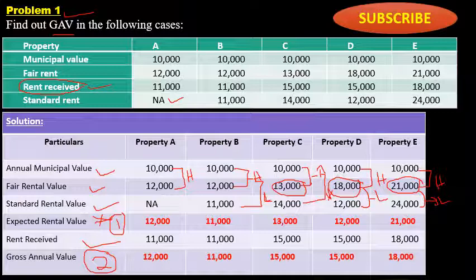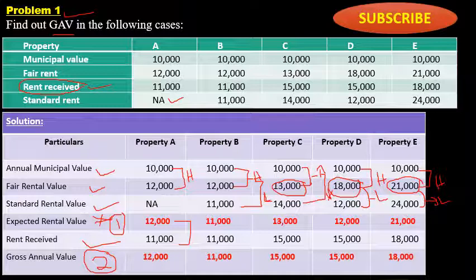If there is no vacancy period and no unrealized rent, then expected rental value or rent received, whichever is higher, is the gross annual value.